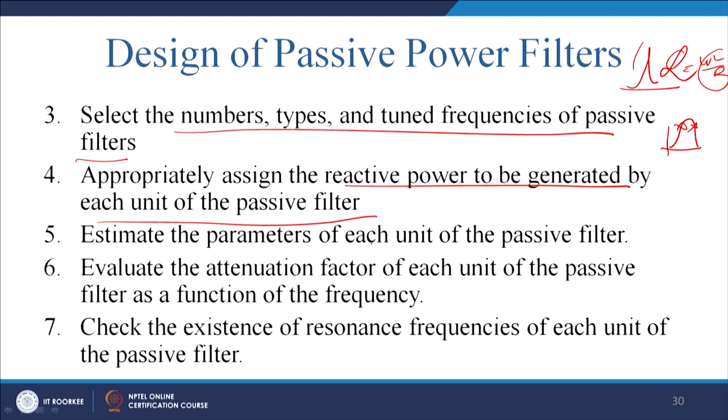Estimate the parameters of each of the passive filters: Q, L, C, and thereafter the resistance, which comes from the ESR as well as the ESL, that is, the effective series resistance of the capacitor and of the inductor.